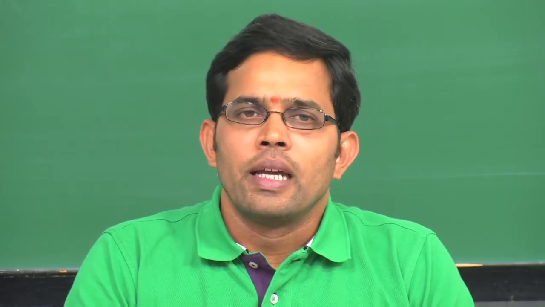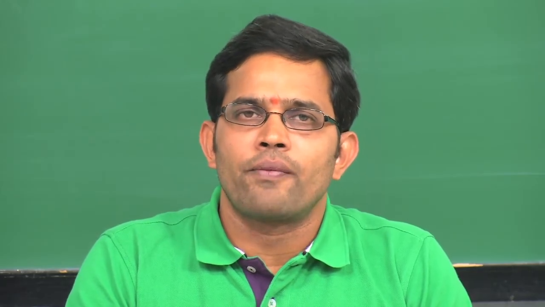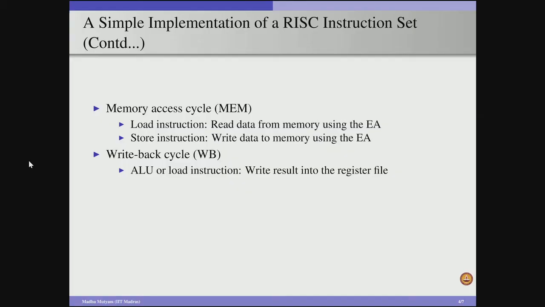So remember, in the case of memory access cycle, when we are performing the load operation, we just read the data from the memory and we will write to the destination register only in the next stage, and that is called a write back cycle.